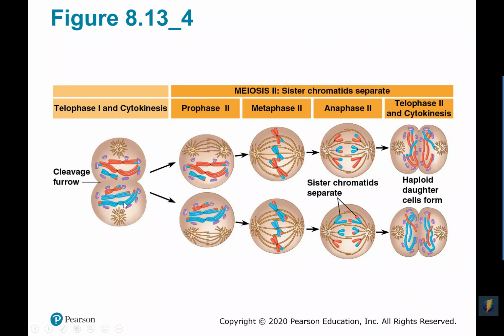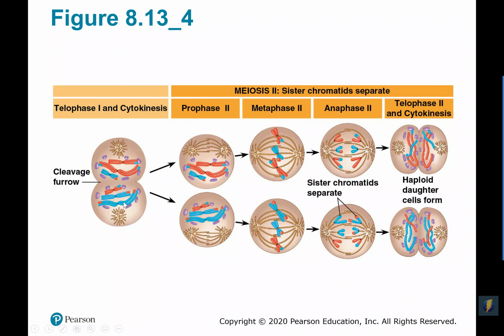Then from there, we'll get the formation of another mitotic spindle and move into meiosis 2, wherein the sister chromatids will separate. So again, they line up on that metaphase plate during metaphase 2. The sister chromatids then are pulled apart during anaphase 2.